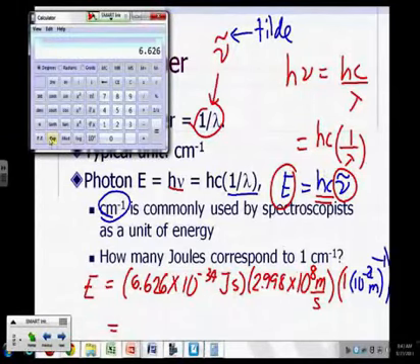6.626 times 10 to the negative 34, times 2.998 times 10 to the 8th, times what is 10 to the negative 2 raised to the negative 1?